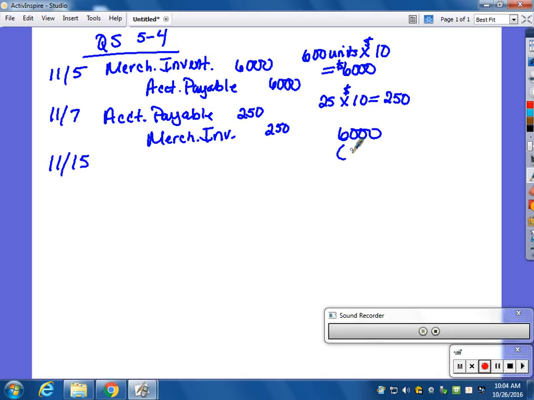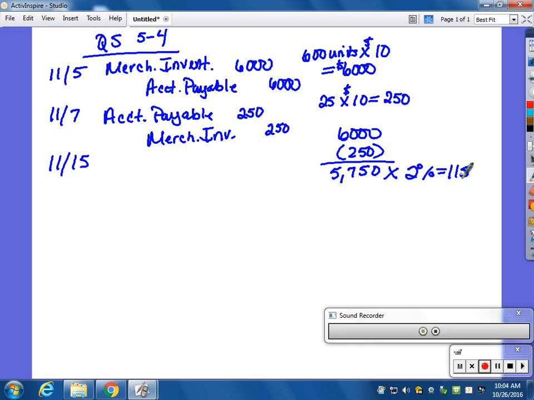We turned back $250, which brings us down to $5,750. And then the discount would be on this amount. So we multiply that by 2%, which gives us $115. So the journal entry should be what here?